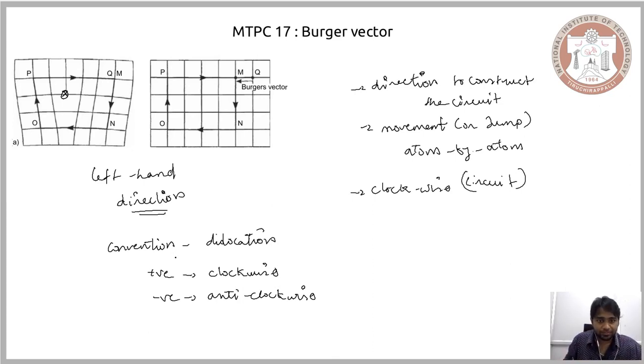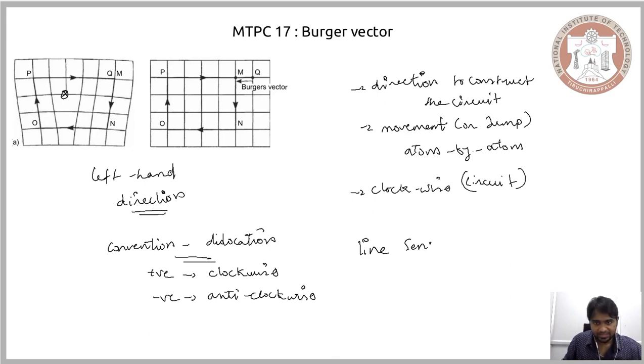So, this convention is based on the dislocation line and the position of the extra layer of atoms. It will help us distinguish the positive edge dislocation from the negative dislocation, provided you consider the appropriate direction for the Burger circuit's path. Since the overall convention depends on the dislocation line and where you find the extra layer of atoms, this is referred to as the line sense.